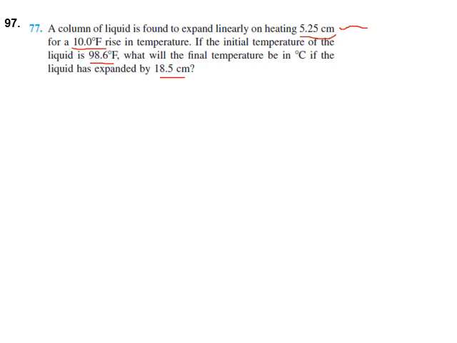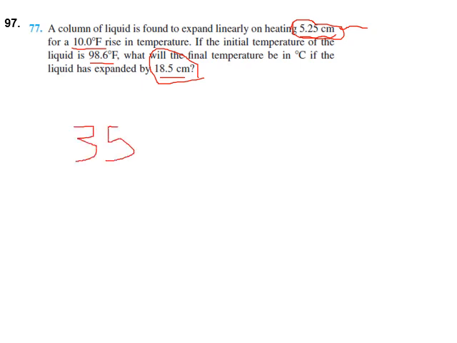So what I'm saying is if you divide the 18.5 by the 5.25, that's going to tell you how many times it went up by 10 degrees. Well, 18 divided by 5, it's a little over 3. It's about 3.5. So that means 3.5 times 10, it's gone up by about 35 degrees.